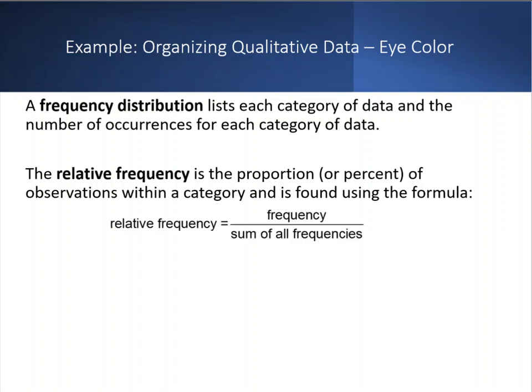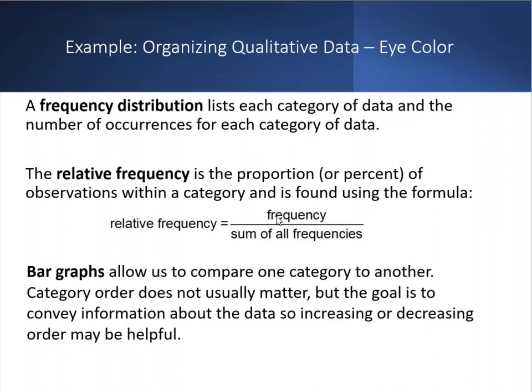We find that, which we didn't talk about a moment ago, by taking the frequency for each of the categories divided by the total number of people who responded to the survey. So add up all of the values from your sample, and that's the denominator, and the numerator is the frequency for each of the categories.